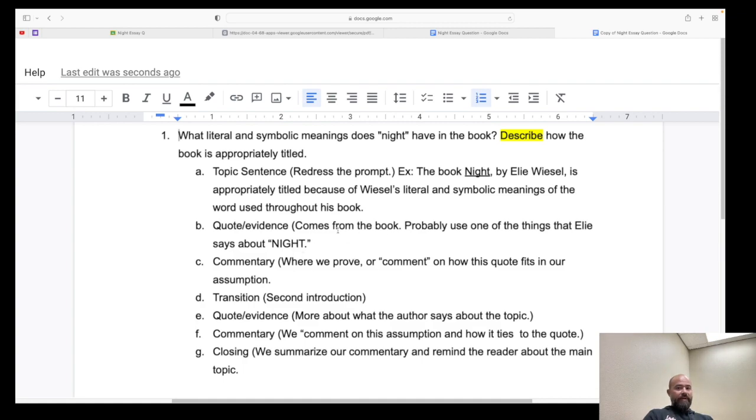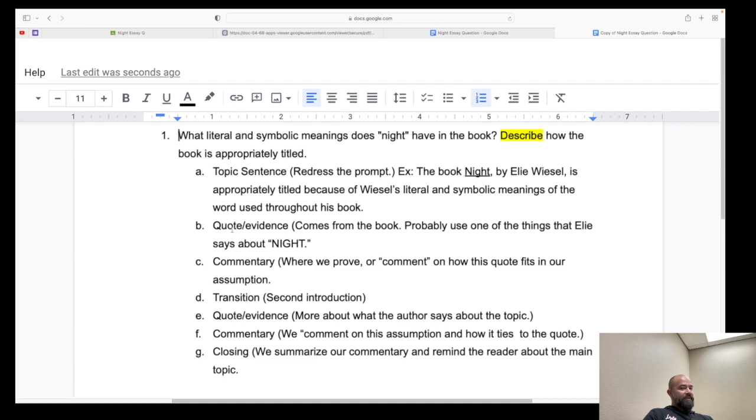What I have already done for me is the topic sentence. I'm going to have to find some evidence in two different places in the book and then fill in the blanks in order of this A, B, C, D, E, F, G. Keep this stuff in order. That's the way your paragraph works. The first sentence is the topic sentence.